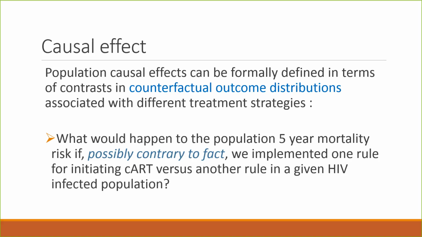So we could more formally state the question on the previous slide: what would happen to the population 5-year mortality risk in this HIV-infected population, whom we're looking at from some baseline time, if, possibly contrary to fact, we implemented one rule in this population for initiating treatment versus if we went back in time and implemented a different rule for initiating treatment?